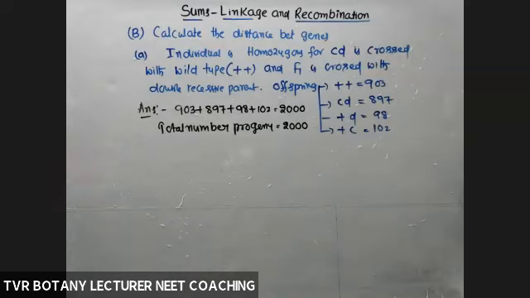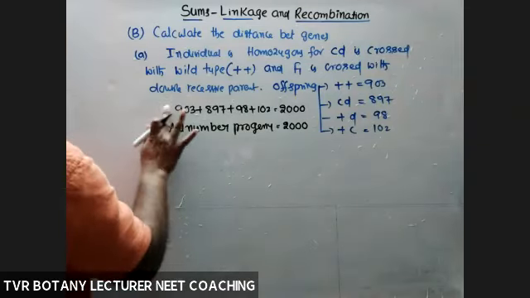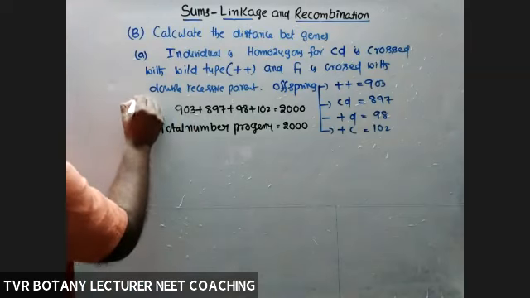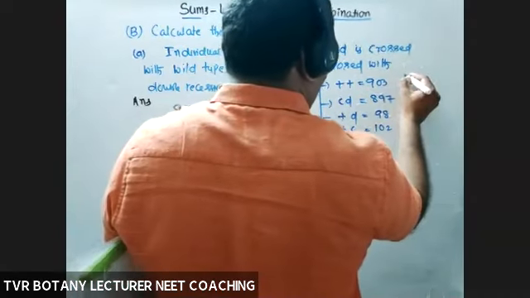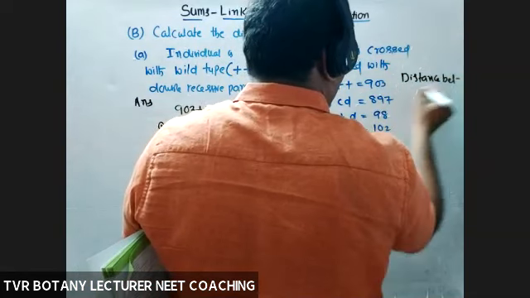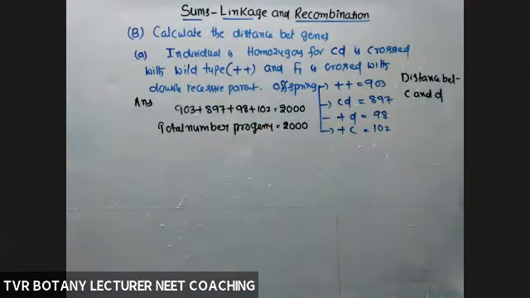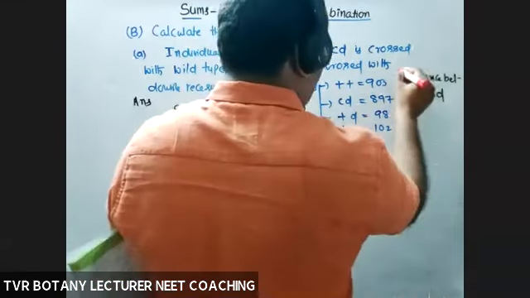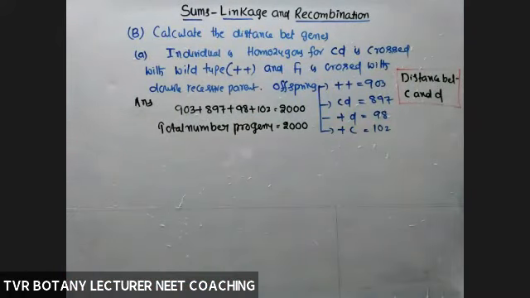Okay, so what about the question? Now what they're asking, the final question: the distance between C and D genes.